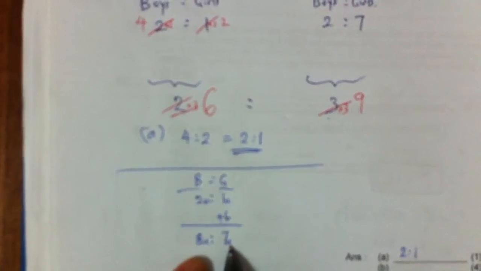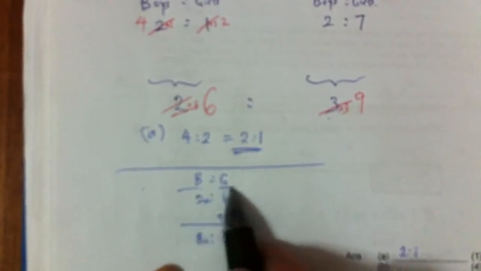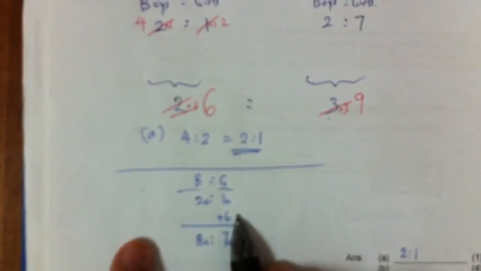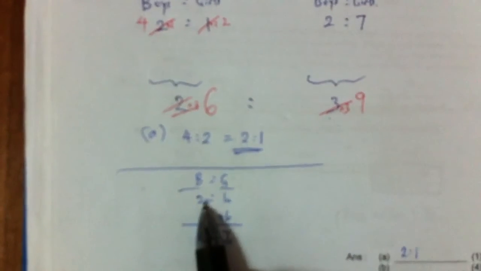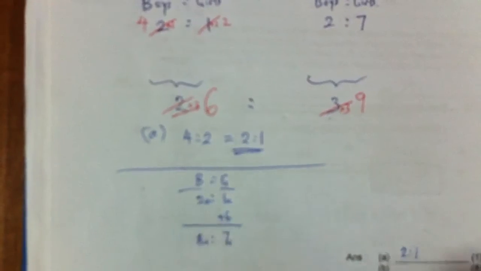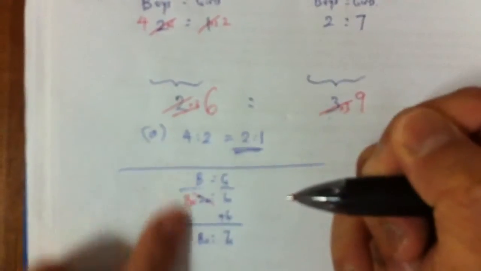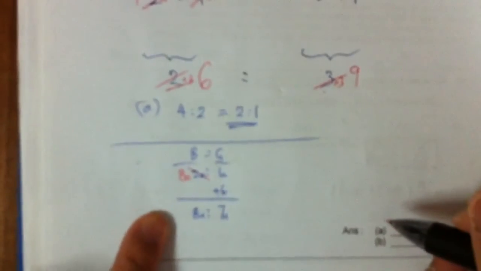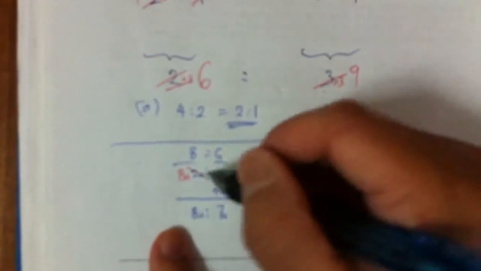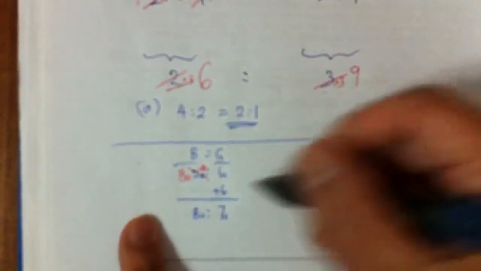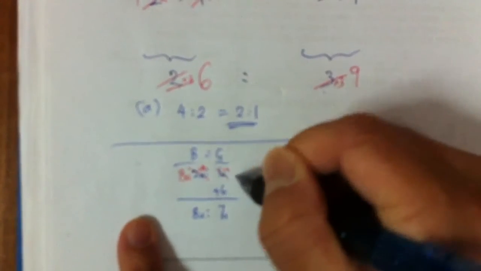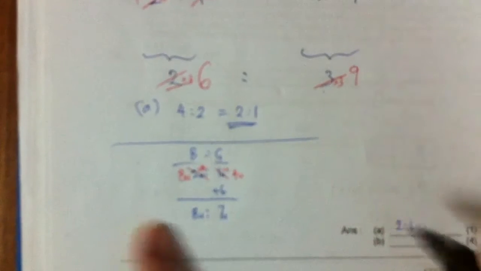If I continue to use U to represent unit, then I will have 8 units to 7 units. Now, comparing the before and after, if only girls have been added, boys ought to remain unchanged, and yet there seemed to be a change. So that's where I need to change the 2 units to 8 units to match the before and after. I multiply by 4 in order to get 8 units, so I'll multiply by 4 here, and I'll get 4 units here.